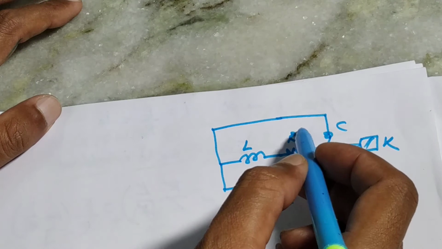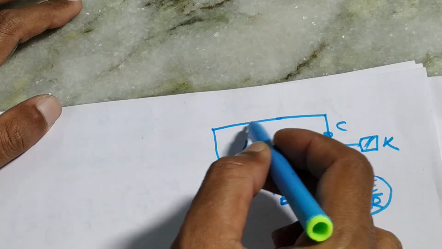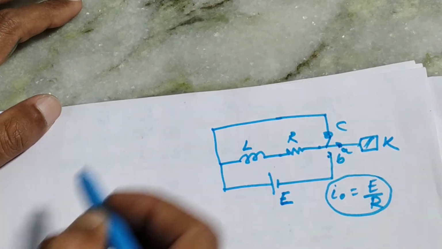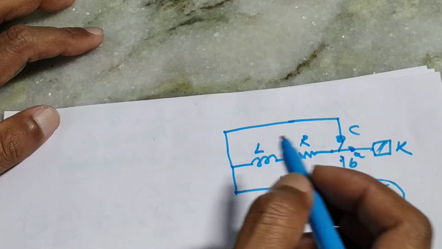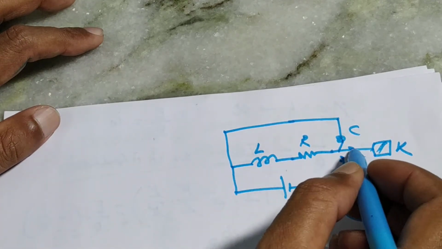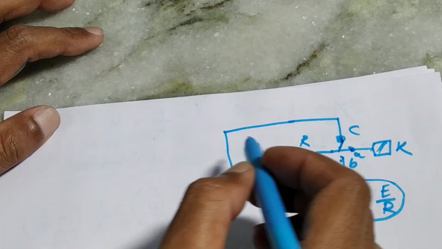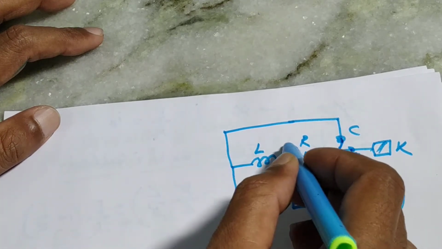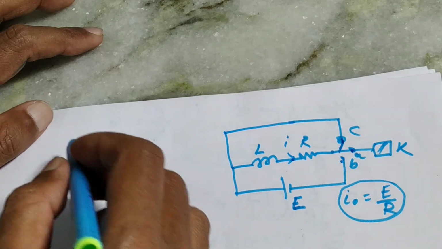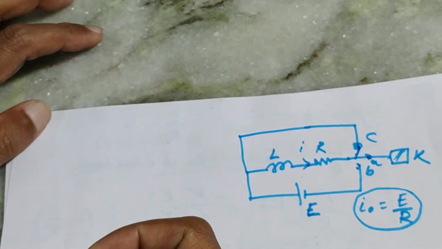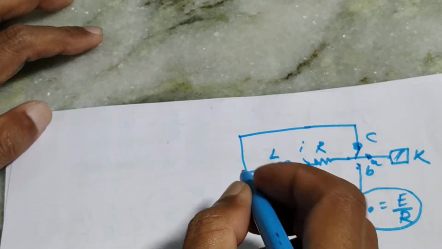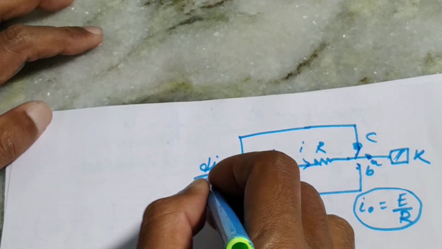Okay. Then in the circuit there is no voltage source, so the voltage equation can be written as follows. Let at any instant of time after connecting the A point to the C, the current in the circuit be I, and the rate of decay of current be di by dt at that instant.